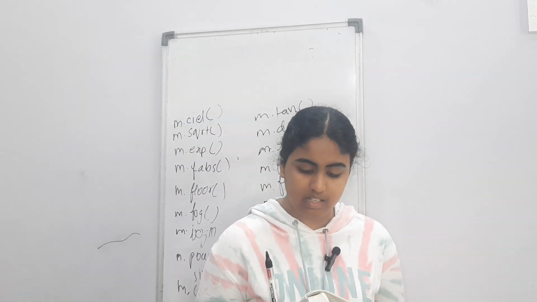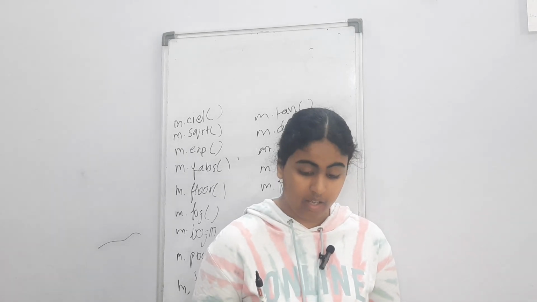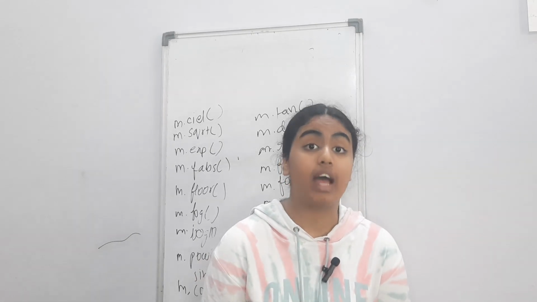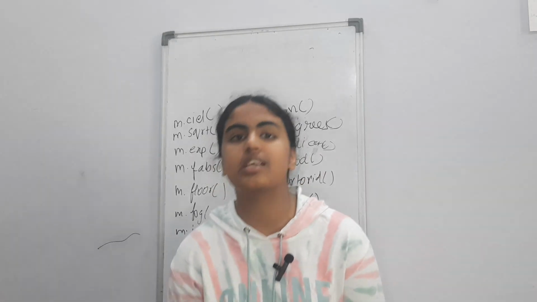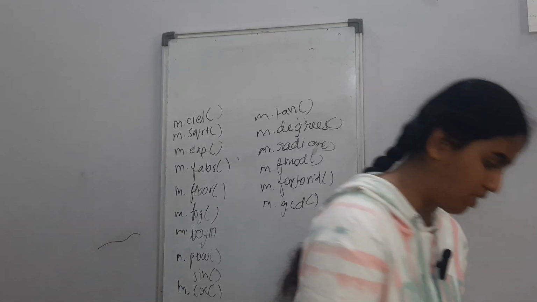Then we have fmod. This gives us the modulus value, meaning the remainder value. We use the mod operator for the remainder value; this does the same thing. Then there is factorial, which returns the factorial of a number, and then there is the greatest common divisor, or greatest common factor, which gives us the highest common factor of any two numbers.